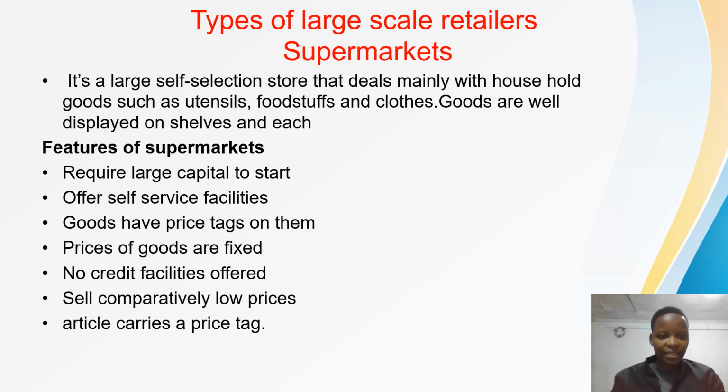Another feature of a supermarket is that goods have price tags on them. So all the goods available in a supermarket have their price tags, and these price tags are always fixed. So you cannot find a customer bargaining in a supermarket, because all the prices of goods stored in a supermarket are fixed.